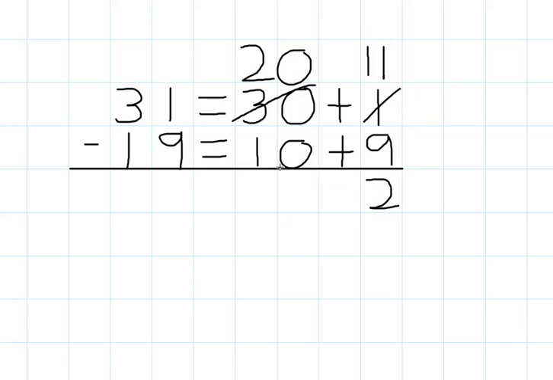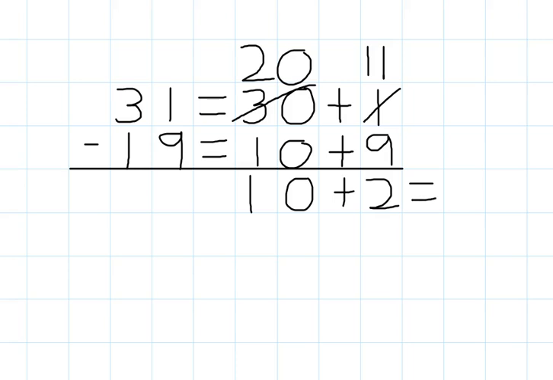Now I need to go to my tens place. I have 2 tens, which is 20, and I need to take away 1 ten or 10. So 20 minus 10 is 10. Now remember, this is an expanded form, so I need to add these two together to get my final answer.